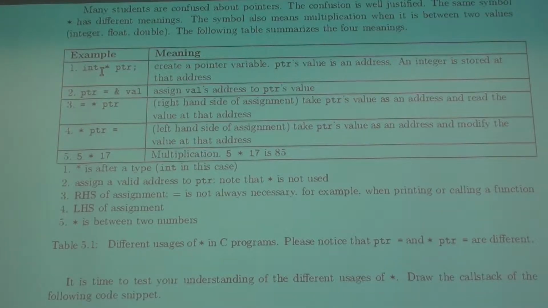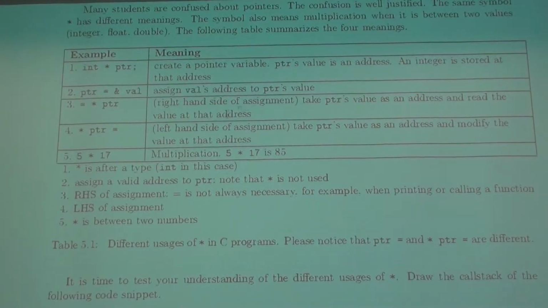That says PTR is a pointer. And number 3 or number 4, there's no type. Therefore, you are not creating a type. You are using a pointer. And after you create a pointer, you use either number 3 or number 4. You get the type itself because you get the address and you read from the address.